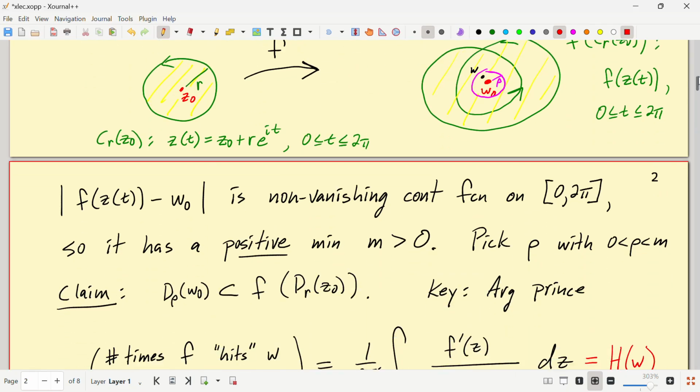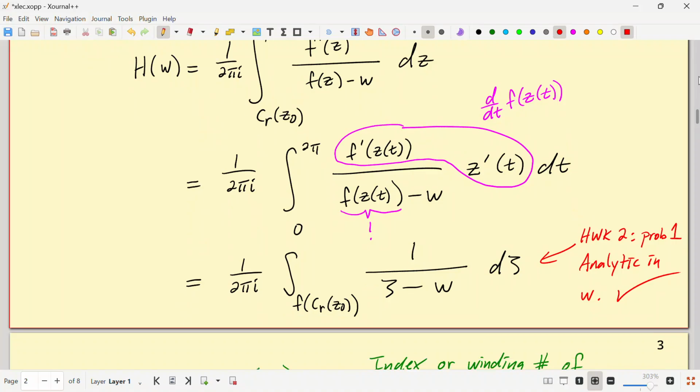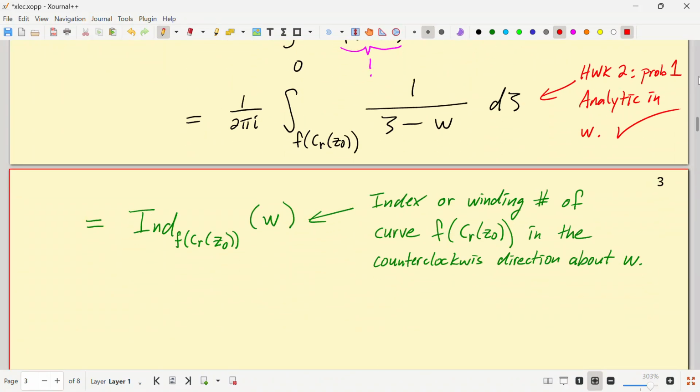I guess I should mention that we're done. So what I've shown you is that the disk of radius rho about W naught is contained in f of omega.